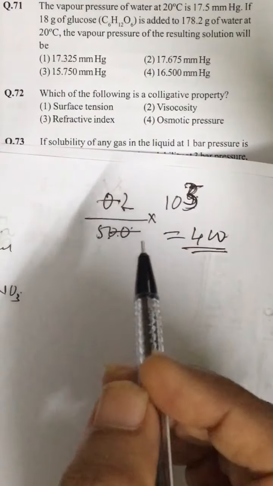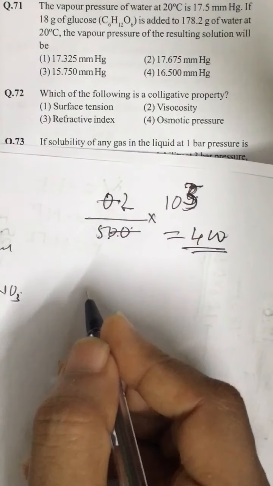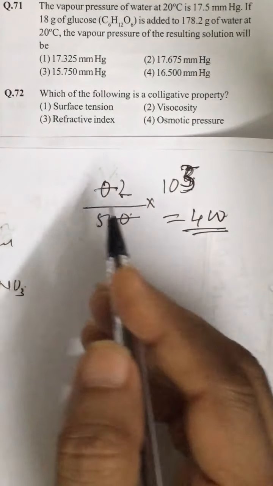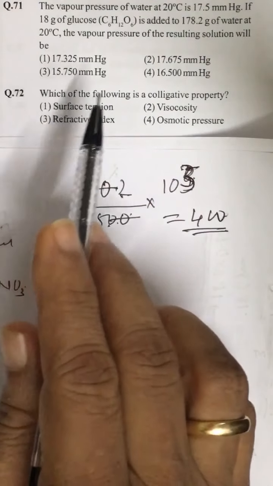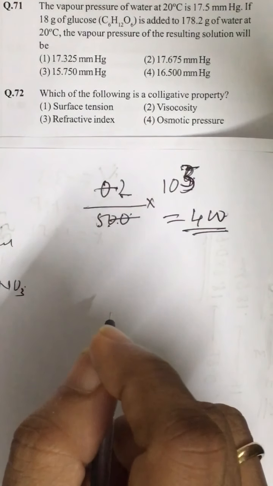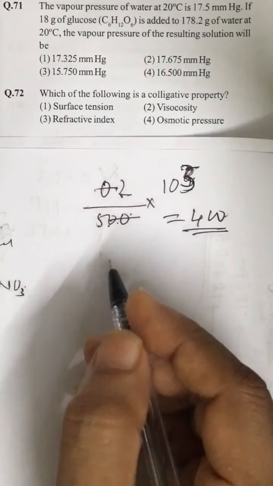Question number 71: the vapor pressure of water is given. When 18 gram glucose is dissolved in 178.2 grams of water at 20 degrees Celsius, what is the vapor pressure of the resultant solution?